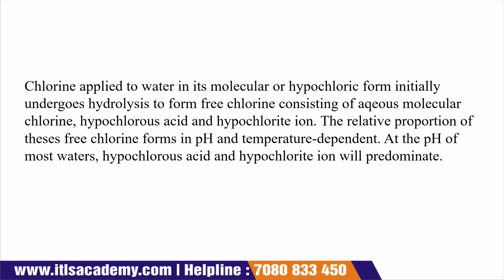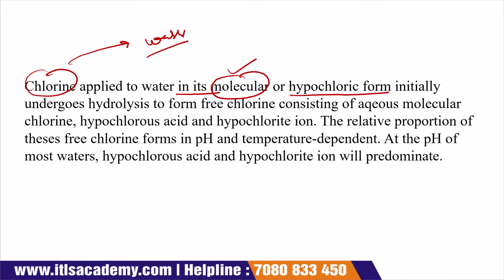Now come to the next slide. Chlorine is applied to water in its molecular or hydrochloric form. When we apply this chlorine into the water, initially it undergoes hydrolysis, which forms free chlorine, and it consists of aqueous molecular chlorine, hypochlorous acid and hypochlorite ion.